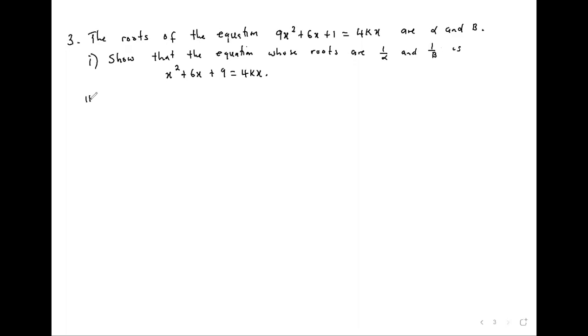Another one is part 2, which says find a set of values of k for which alpha and beta are real.